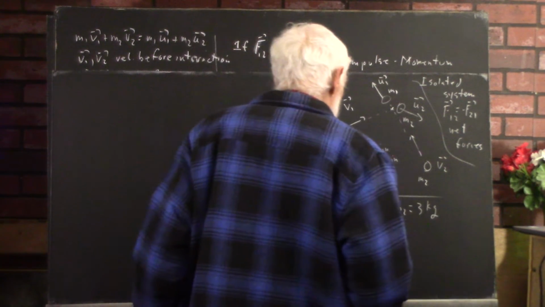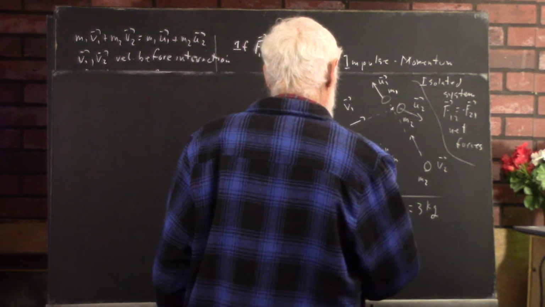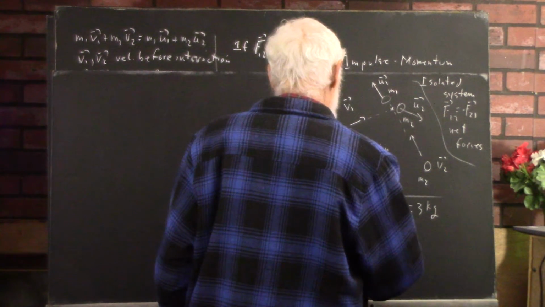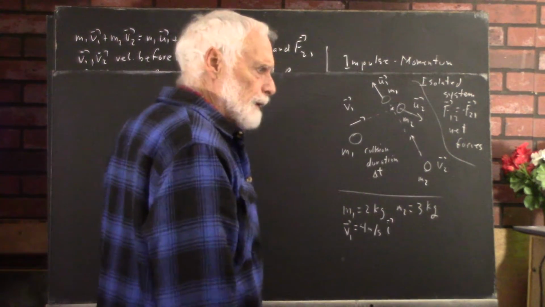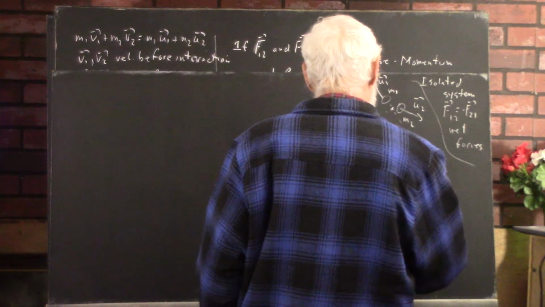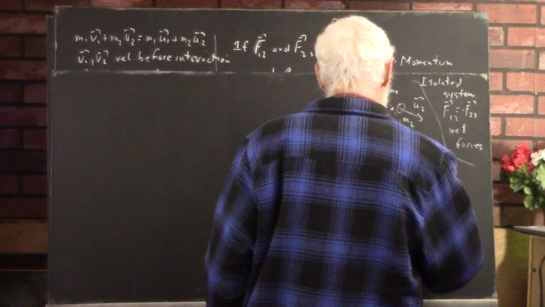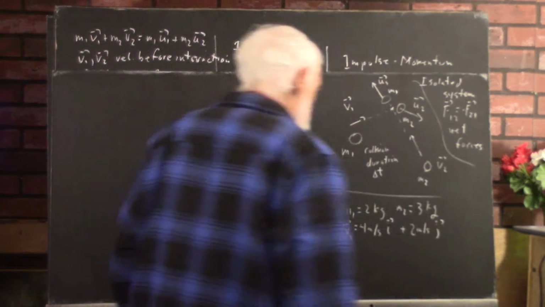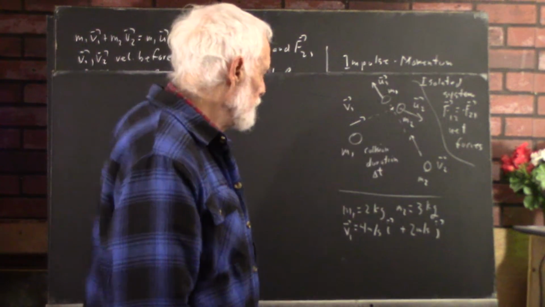So v1 is going to be, let's say, 4 meters per second times the i vector plus 2 meters per second times the j vector, a greater i component than a j component.